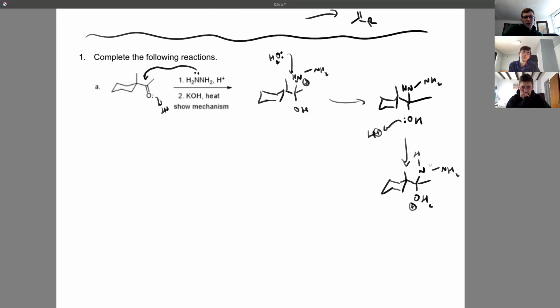It won't make a difference whether it's water or N2H4. I guess the hydrazine's probably more basic. Don't we have a lone pair? Yeah. So you could do what Dean was saying and pluck off this hydrogen, kick these electrons down, and then push the water off, which works fine.